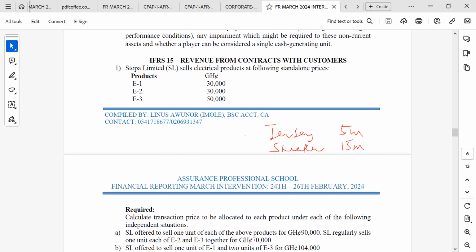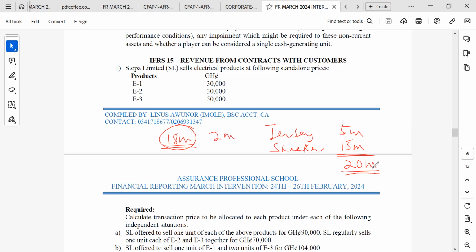But the company is selling the two to you now at 18 million. In actual sense, what should have been the total selling price for the two items? It should have been 20 million, isn't it? But they are now giving the two to you at 18 million. It means that they are selling to you at a discount of what? 2 million.